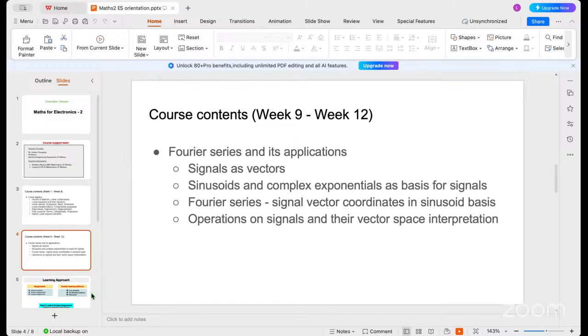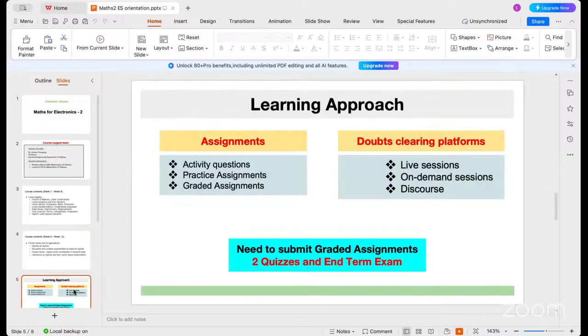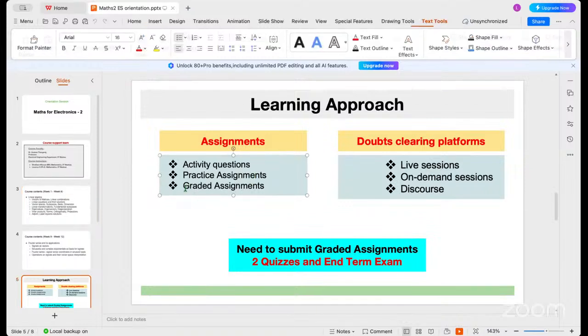The learning approach here is that we have activity questions, practice assignments, and graded assignments as well. Graded assignments are included for the grades. From the January 2025 term, we are having three live sessions, considering that the students might need more attention and more sessions for understanding the content.